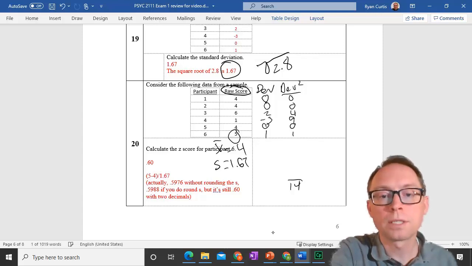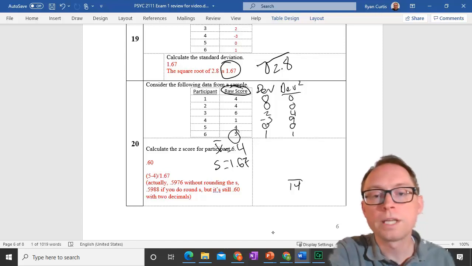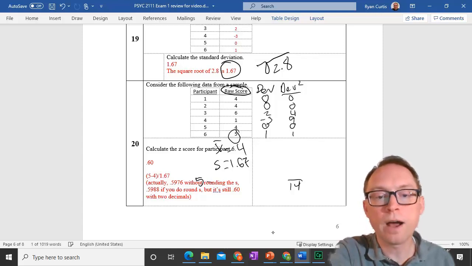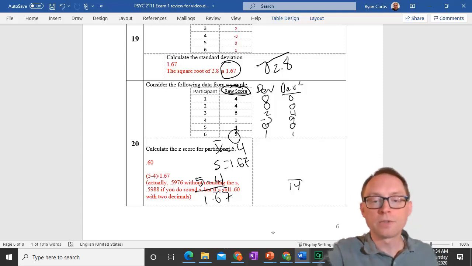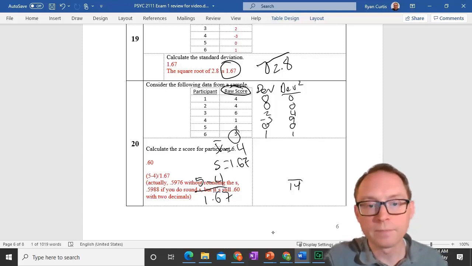So to get the z-score, we take x minus x bar over the standard deviation. So we take x, which is 5, minus x bar, which is 4, divided by 1.67. So 5 minus 4 is 1, divided by 1.67.